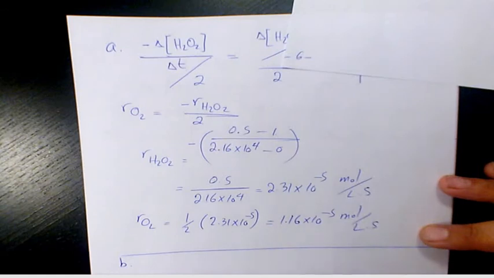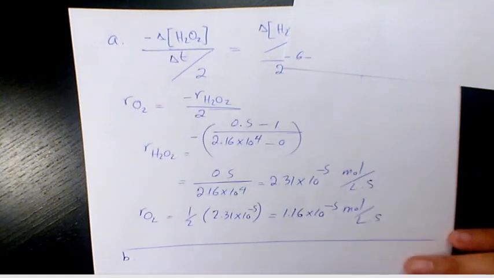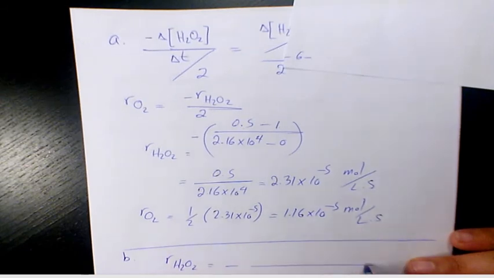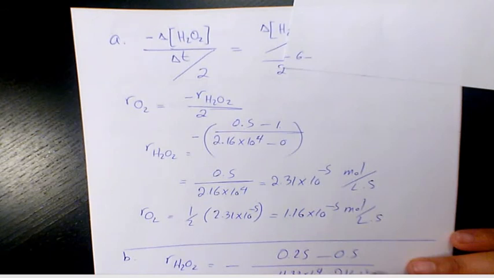Part B says find it for the other time interval. So we can say R of H2O2 is going to be negative 0.25 minus 0.5 over 4.32 times 10 to the power 4 minus 2.16 times 10 to the power 4. That will make it 1.16 times 10 to the power of negative 5 mole per liter per second.